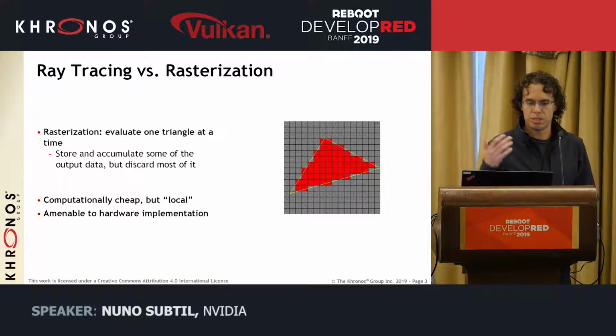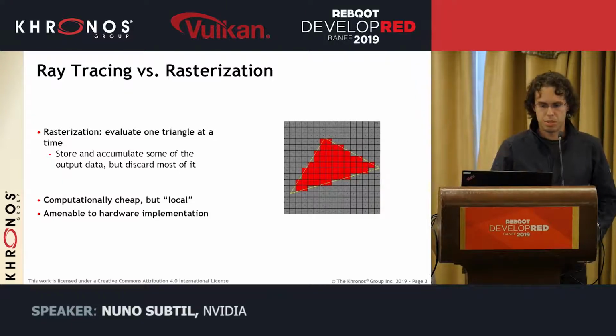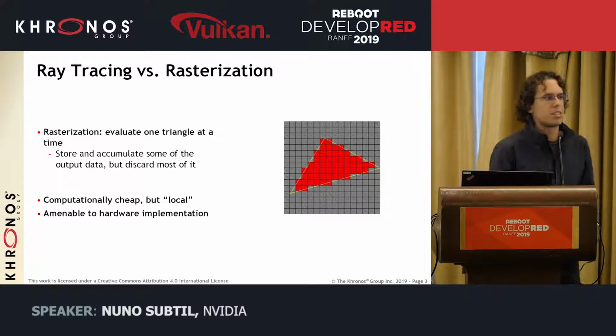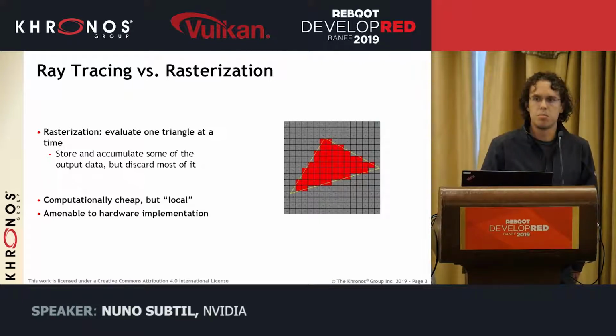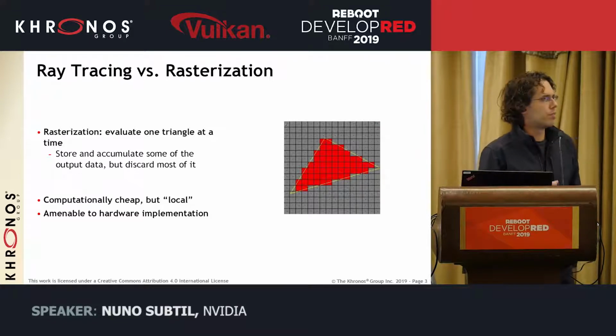So with rasterization, your input data will be, in your 3D world, a set of meshes which end up being represented as lists of triangles. Triangles have positions, so 3 points in 3D space, plus some number of other attributes along with those vertices.